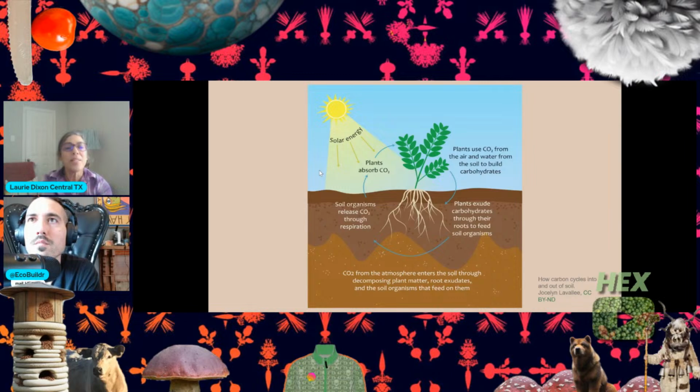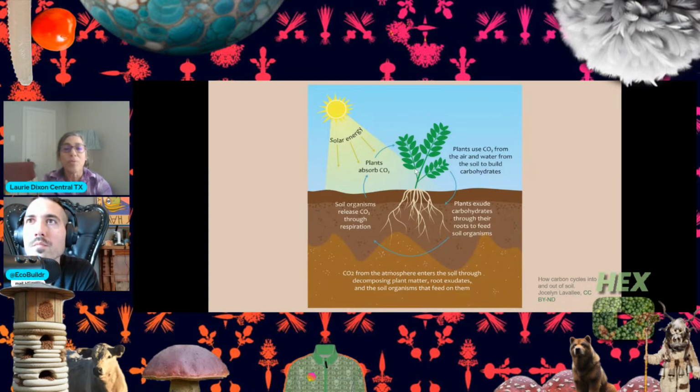It's photosynthesis. We've all seen this picture, but the plants have the capacity to take the energy from the sun, the CO2 from the atmosphere, which, by the way, are the only things they cannot get from the soil. So they pull them from up here.